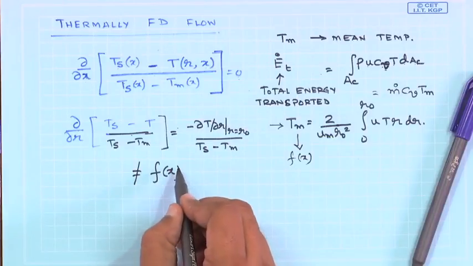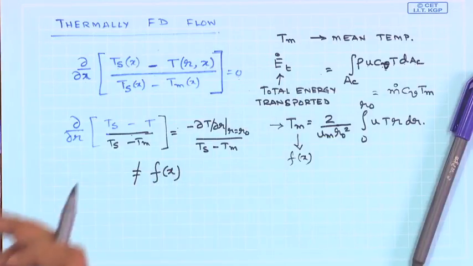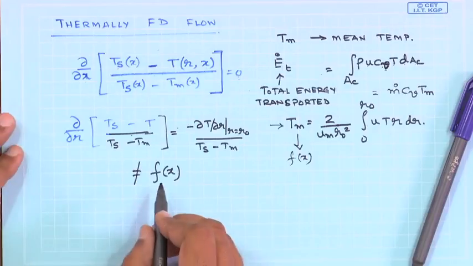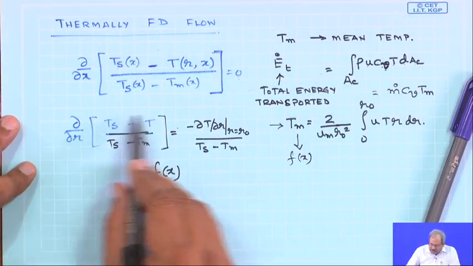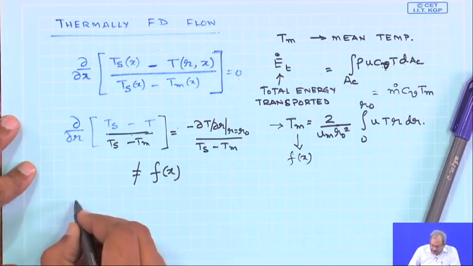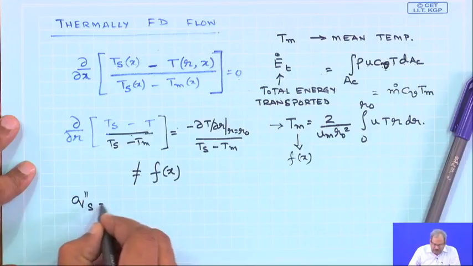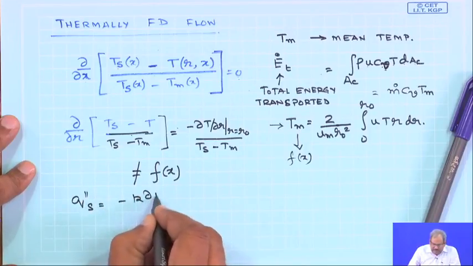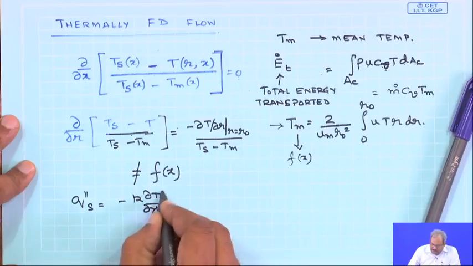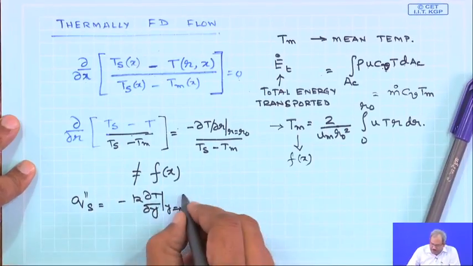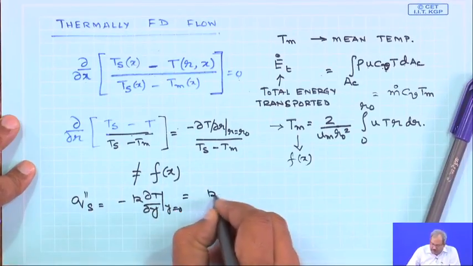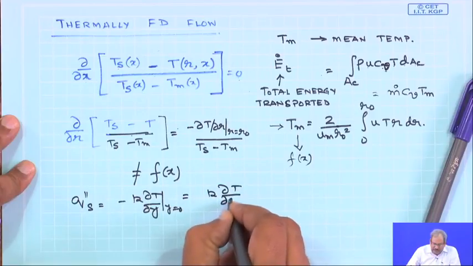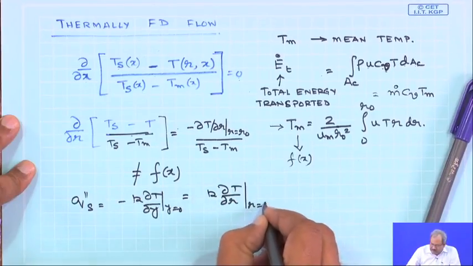So, let us look once again at the expression that I have written at this point, which is simply this, and in order to obtain it, I am using Fourier's law, which says minus k del T by del y at y equal to 0. When you transform the coordinates to r, it is del T by del r at r equals r naught.